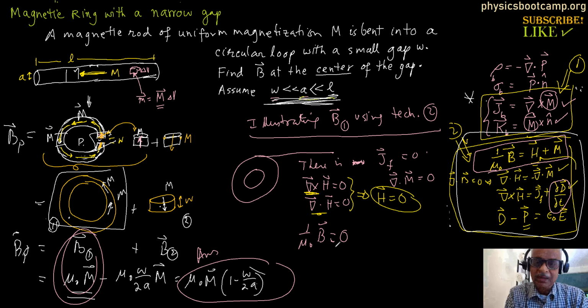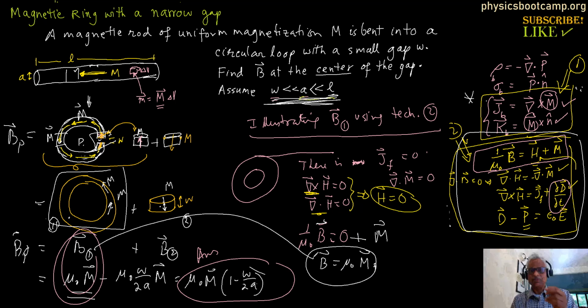Okay, so when you have this, 0 plus m. So this is talking about B inside, right? At a point inside. So B is just equal to mu naught m, and that's the situation. This is easier, more direct, but a little bit more mathematical.